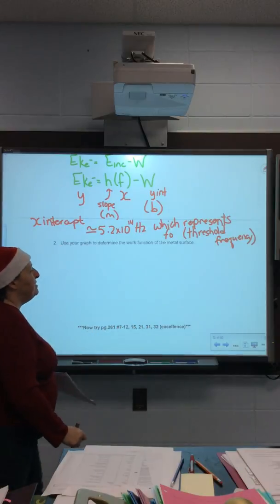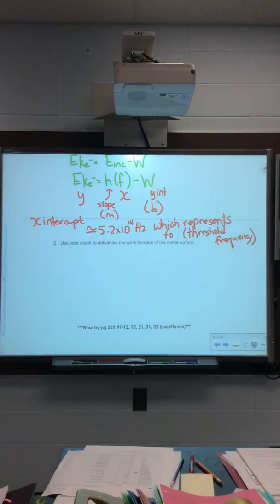That's the minimum frequency required to eject the electrons off the plate.